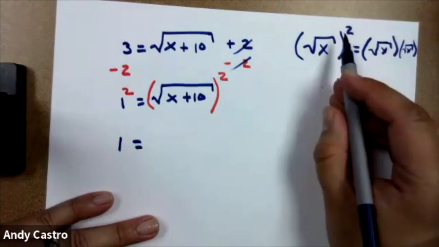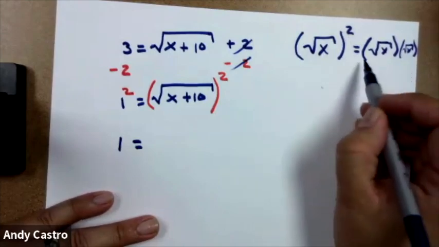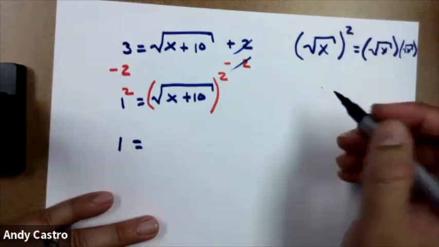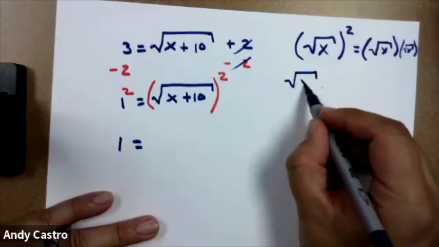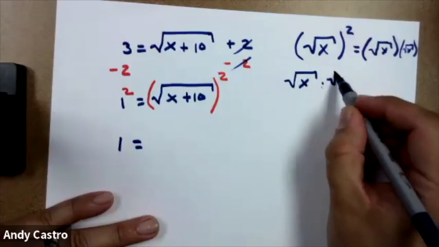That's what squared means. We multiply this thing by itself.